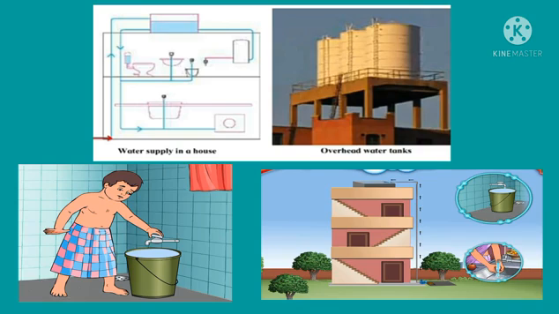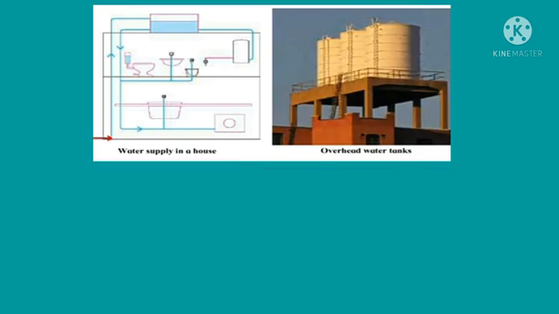When taps are fitted on the pipes, water can be taken or shut off according to the need. This is how water from one tank can be obtained at several places in a building at the same time.